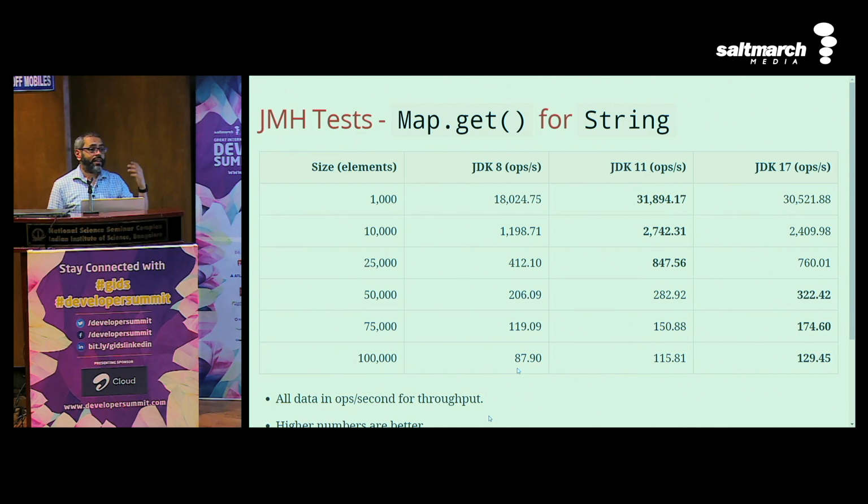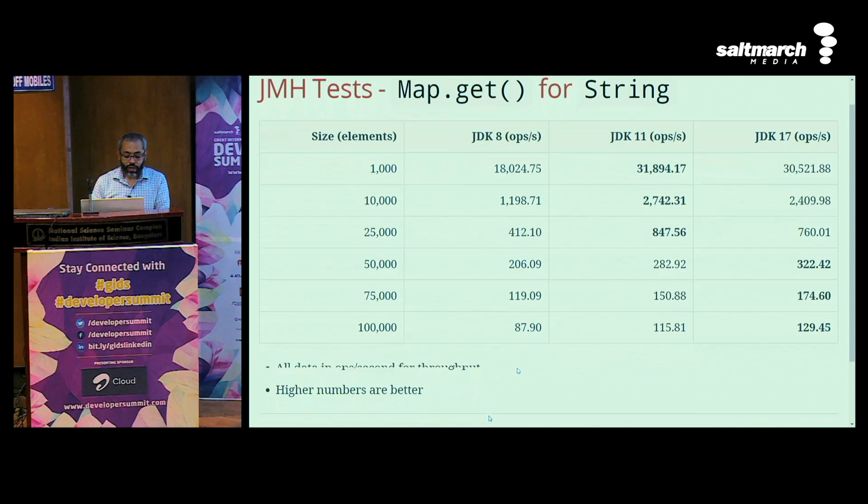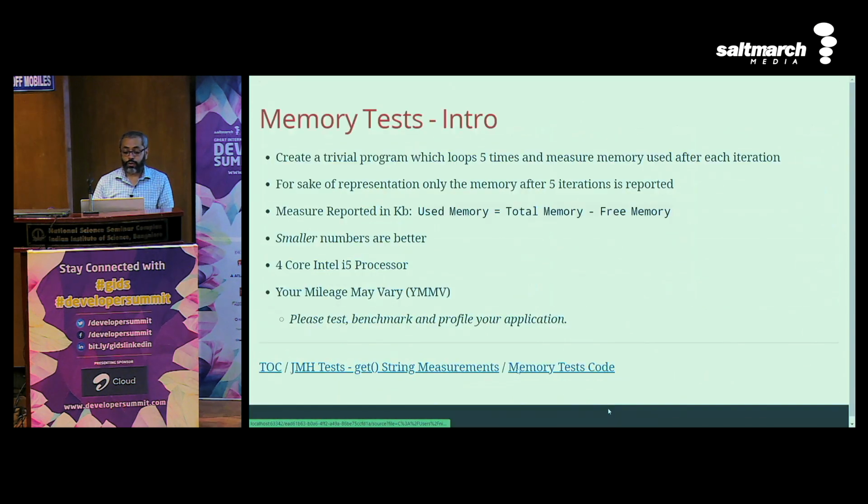Again, these are indicative, not authoritative. They're showing you the pattern. So if you're on 8, even going to 11 is going to give you a performance gain. But if you're going to take the pains to go to 11, just bite the bullet and go to 17, in my opinion. So with that, we are going to switch to the memory test.